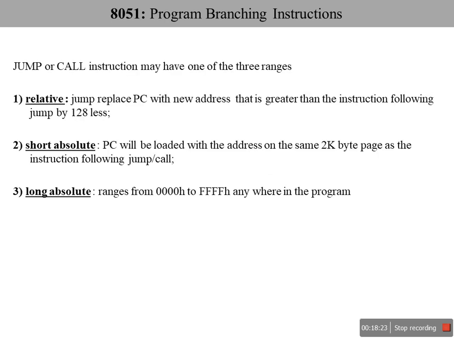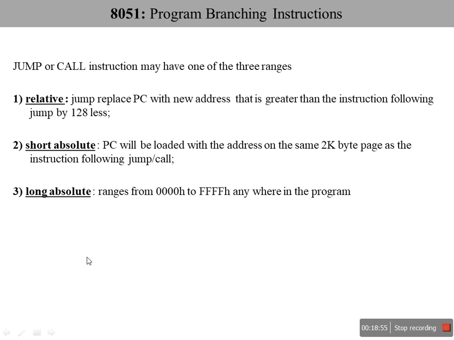Again, with respect to how control is taken from one point to another point, is it 2 bytes towards the left side or right side, or 1 kilobyte from the left or right side from where it is occurring? We have three categories of jump instruction, or even with respect to the call instruction. Relative jump: this jump will replace the content of the program counter from -127 to +128 or so.